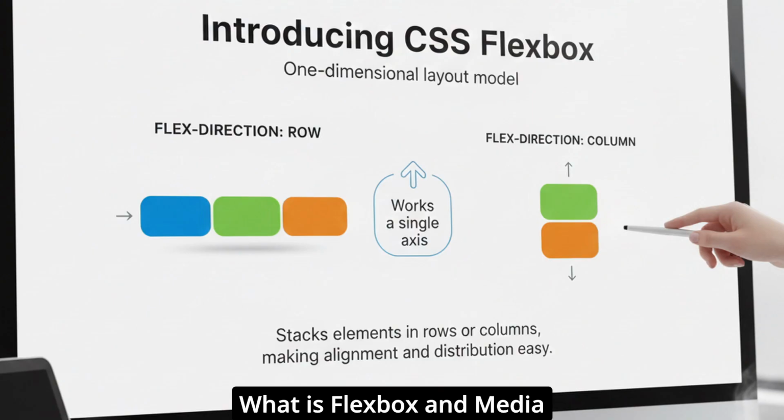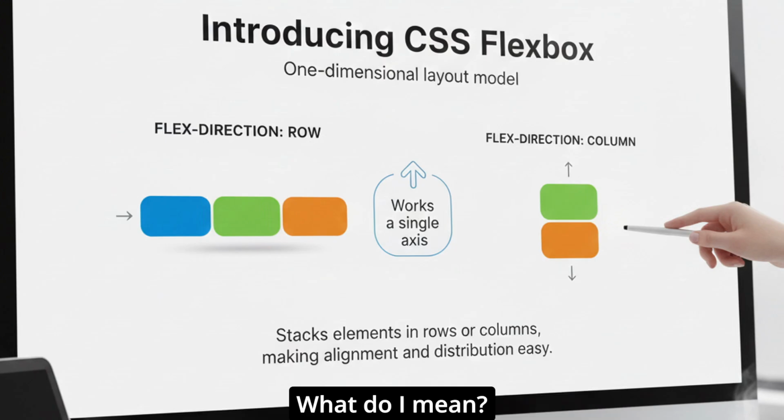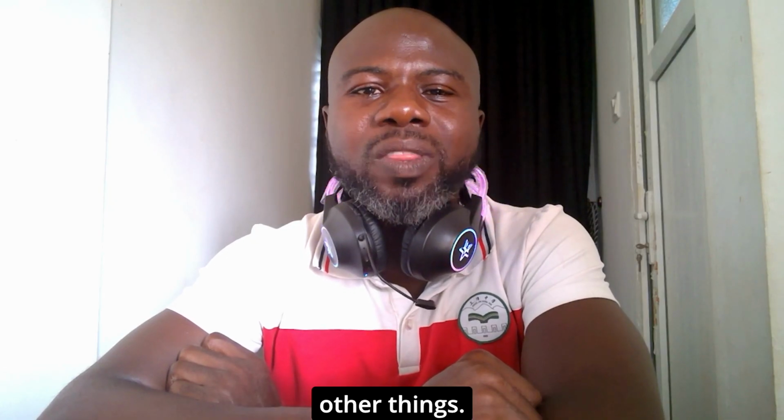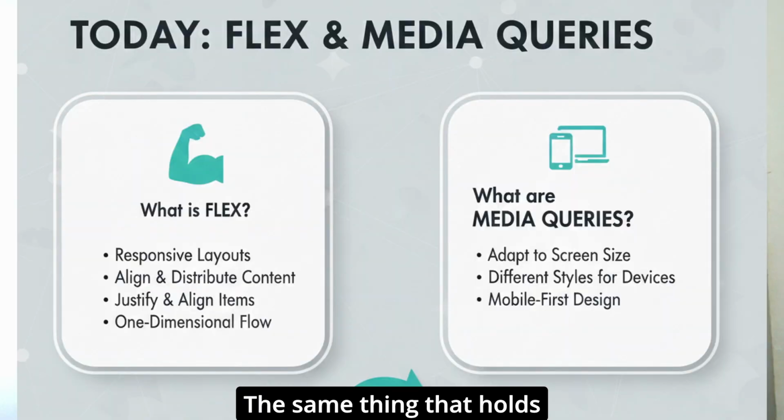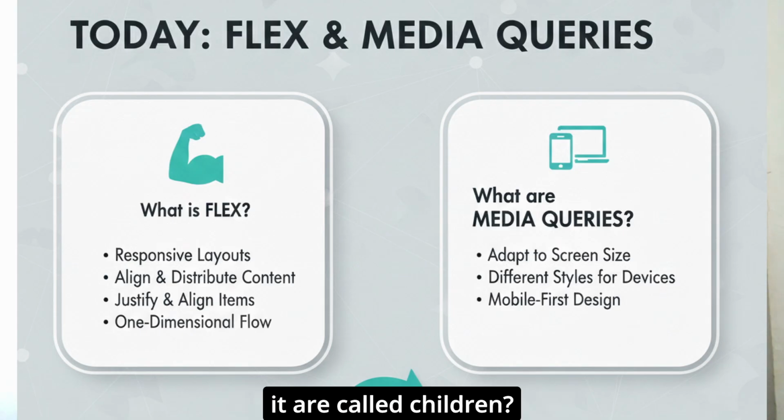What is Flex? Flex is a one-dimensional layout model that stacks elements either in rows or in columns. What do I mean? A flex is like a container, like a placeholder, something that holds other things. The thing that holds other things is called the parent element, while every other element inside it is called a child.